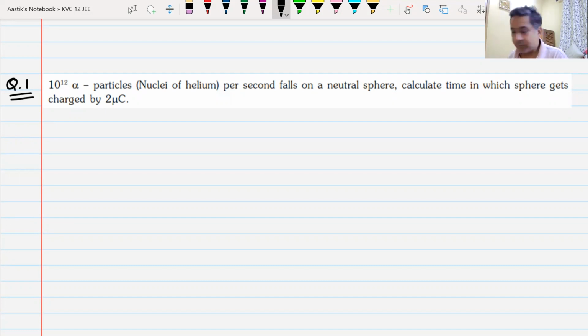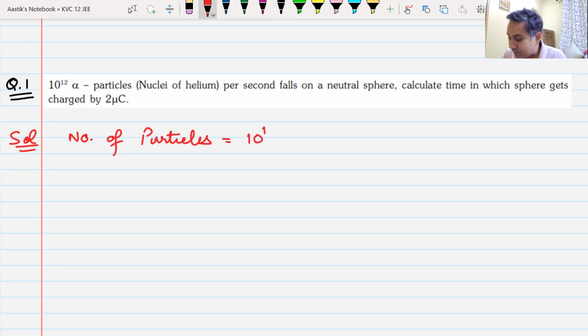Got it? Okay. It's very simple. See, it's all about maths, not much of physics involved. If I say that the total time is t, the number of particles falling on the sphere will be 10 raised to the power 12 per second multiplied by t. These are the total number of particles.